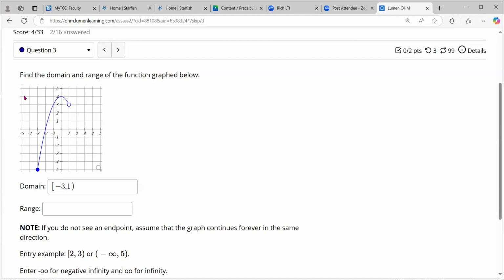But here, does this curve have a boundary from above, and a boundary from below? Does this curve have a boundary from below? Yes, right, y equals -5 is the boundary.